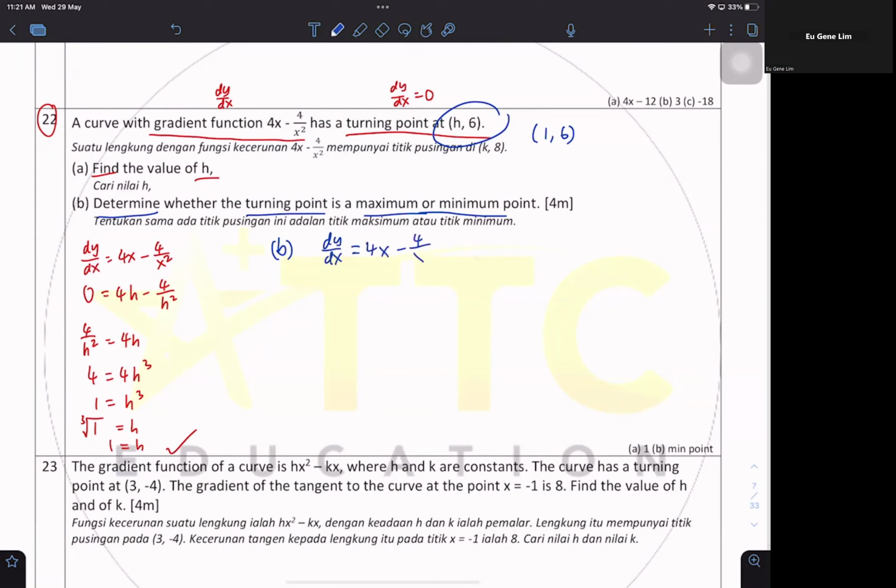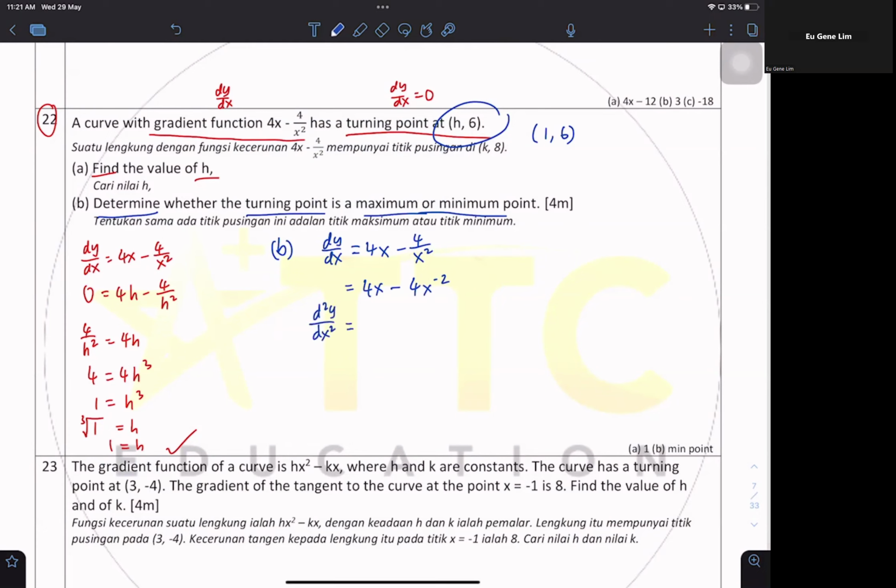We need to differentiate the second time. Before you do that, you see the x squared at the bottom? You should bring it up first. Bottom cannot differentiate, right? So you bring it up, power negative 2. Then only you differentiate the second time.